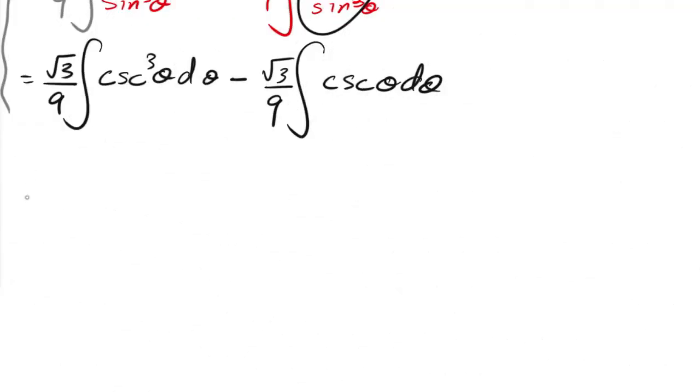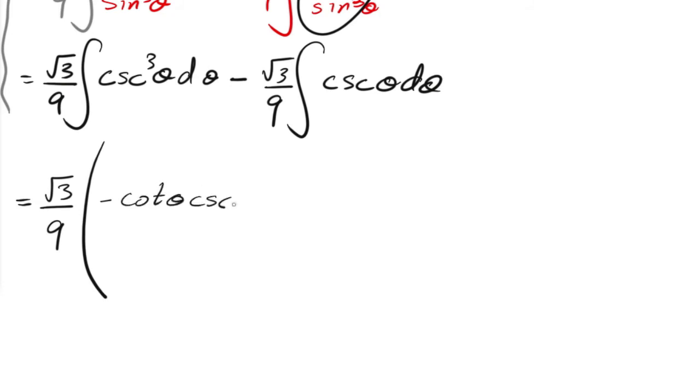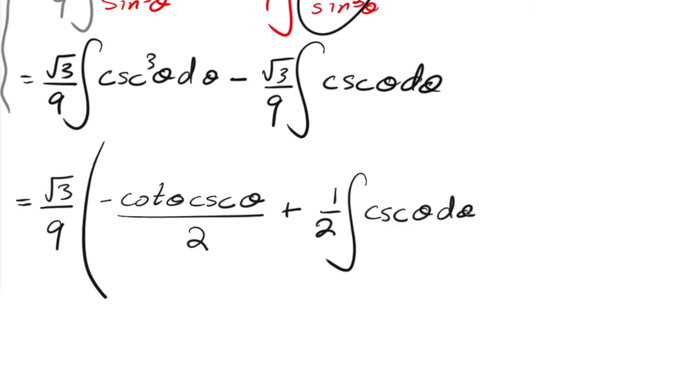Okay, so let's use the reduction formula here for cosecant raised to a power. So this is going to equal root 3 over 9 times negative cotangent theta cosecant theta over 2 plus 1/2 the integral of cosecant theta d theta.